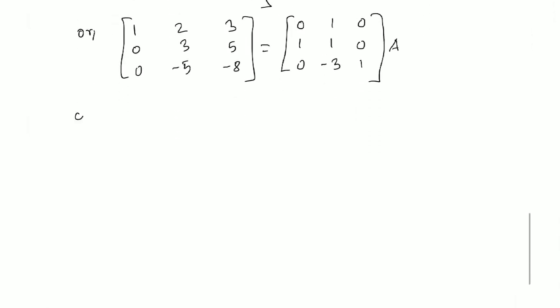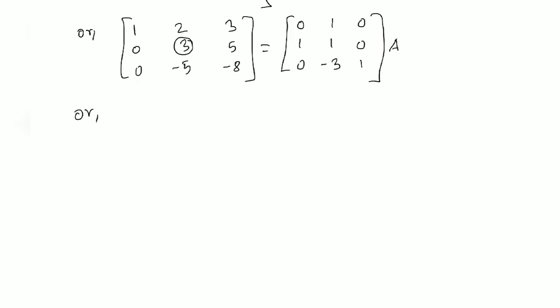Now the next step. Here we need to convert more elements into 0. Notice these 3, 5, 5, 8: we don't have any common factor, so no number is a multiple of another that we can multiply with and form it.